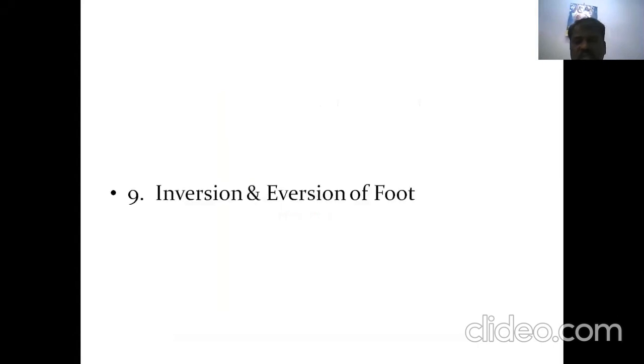Next is the ninth, inversion and eversion of the foot. Inversion: when you keep the foot on the ground, the medial border rises up, with the plantar surface facing toward the medial side. The muscles involved in inversion are tibialis anterior and tibialis posterior.